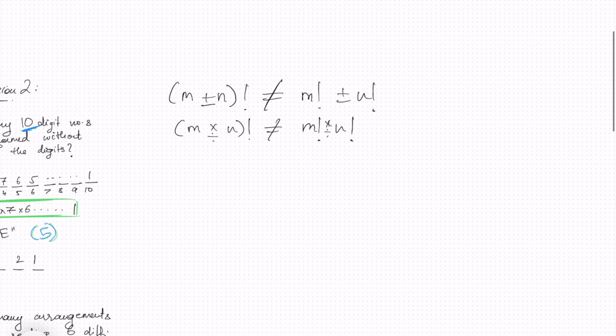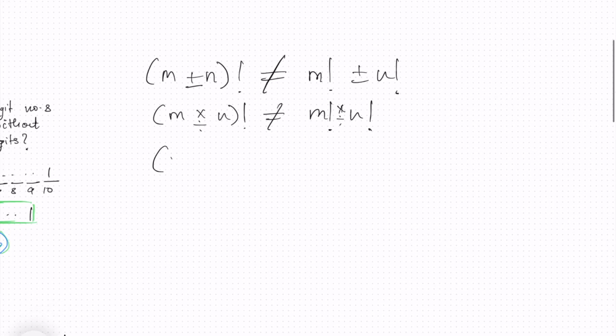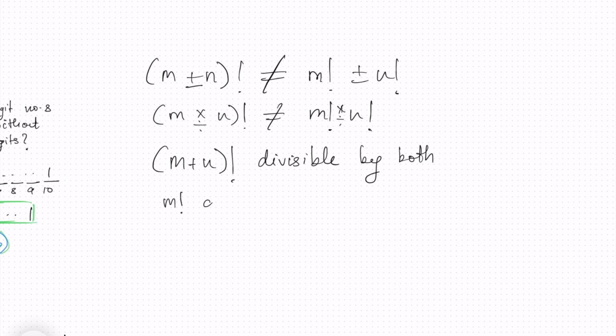However, it is worthwhile to note that (m plus n) factorial is divisible by both m factorial and n factorial. In other words, we can write (m plus n) factorial divided by m factorial n factorial is equal to an integer.